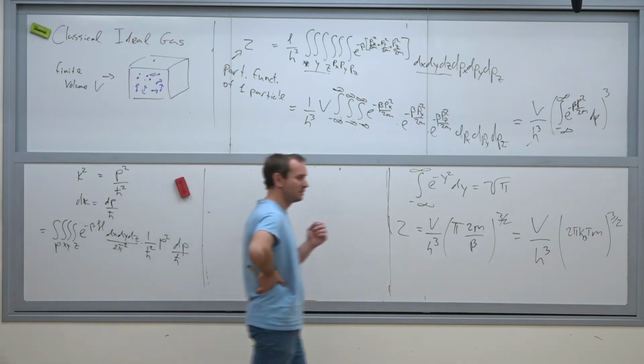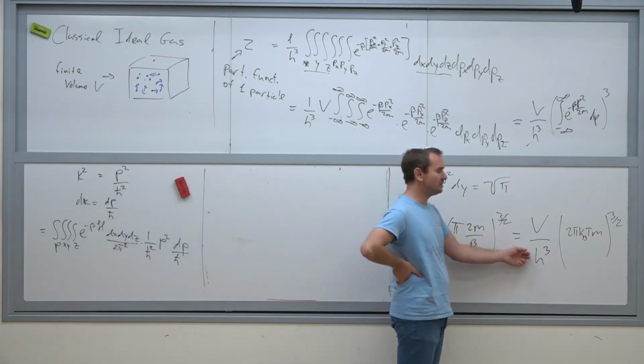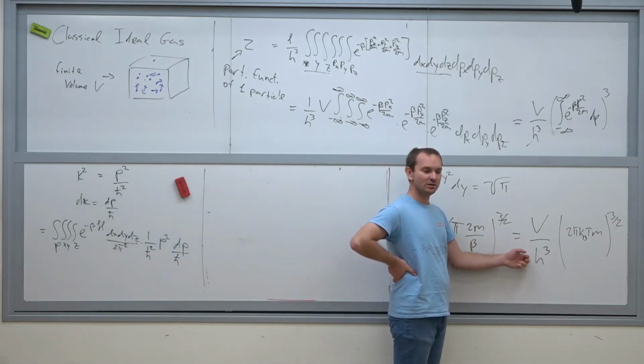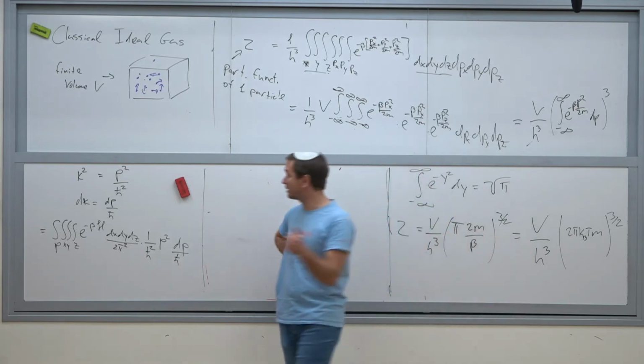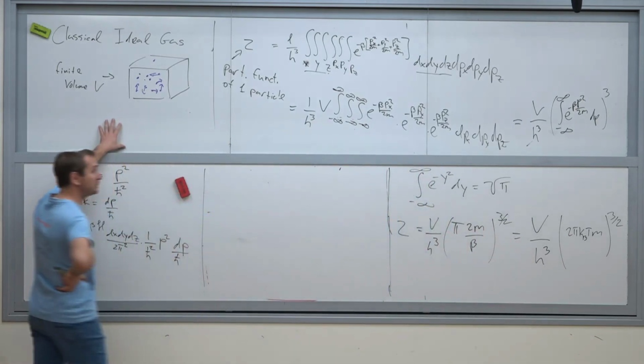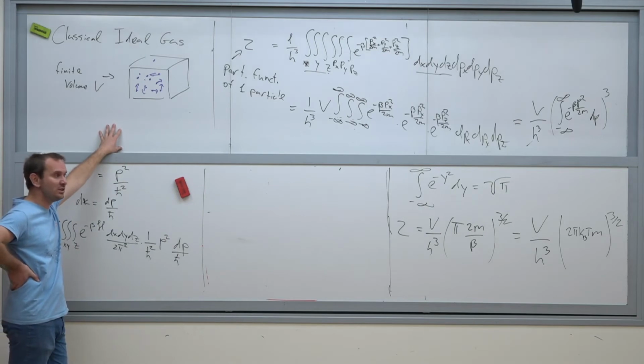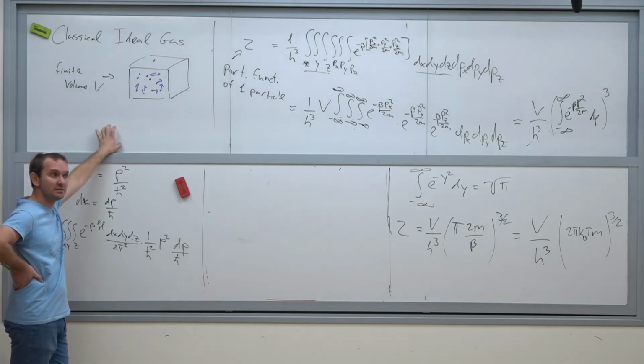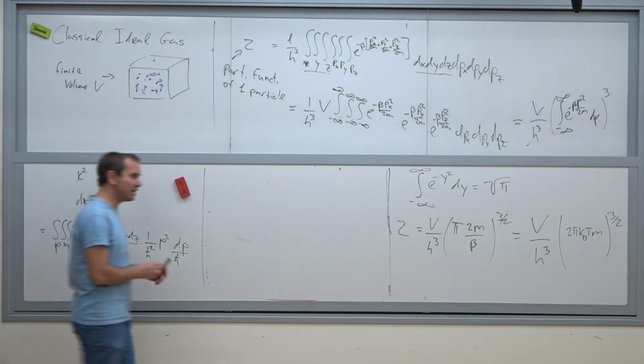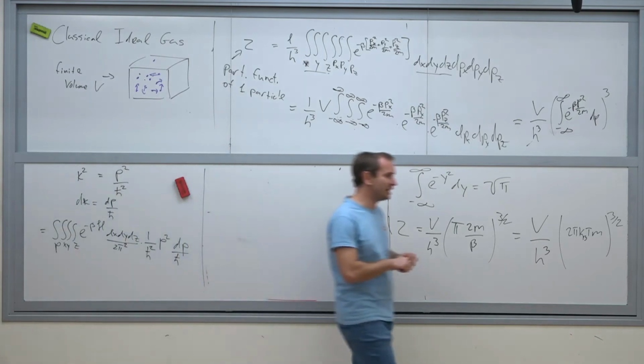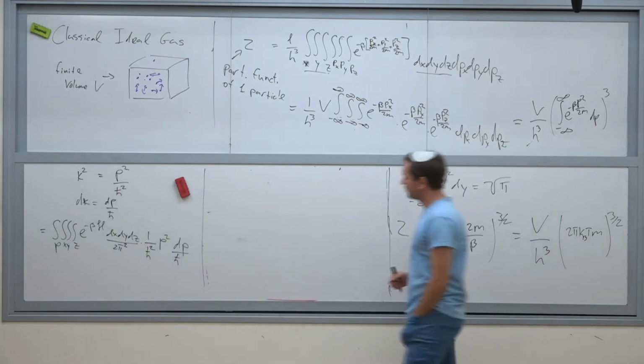And what we are going to see is that the free energy of this classical ideal gas, as we obtain it from the Gibbs representation, is not extensive. Okay? So first of all, let's write the partition function.